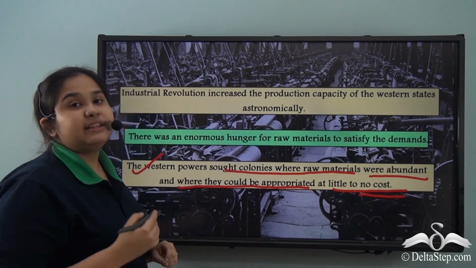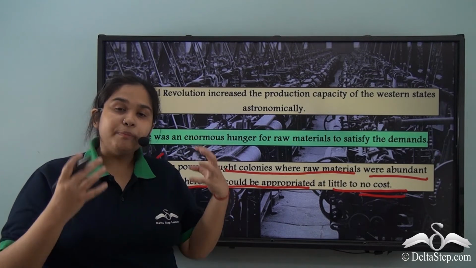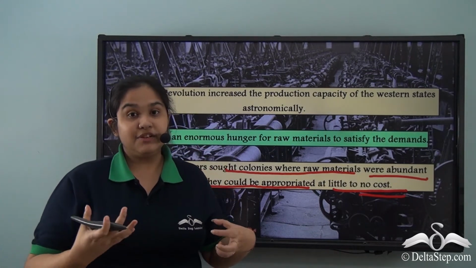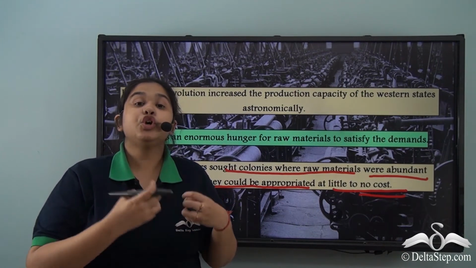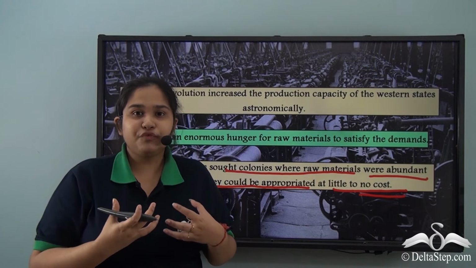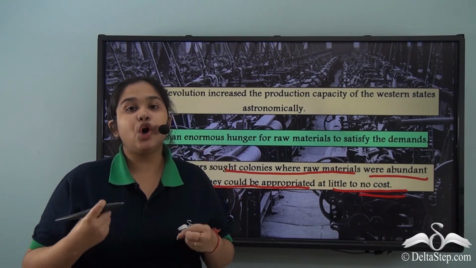So we saw that during the new age of imperialism, the European powers were procuring raw materials, but they were not paying for the costs of it. They were not bearing the costs of it because they were just bringing the raw materials from these colonies to their mother countries.